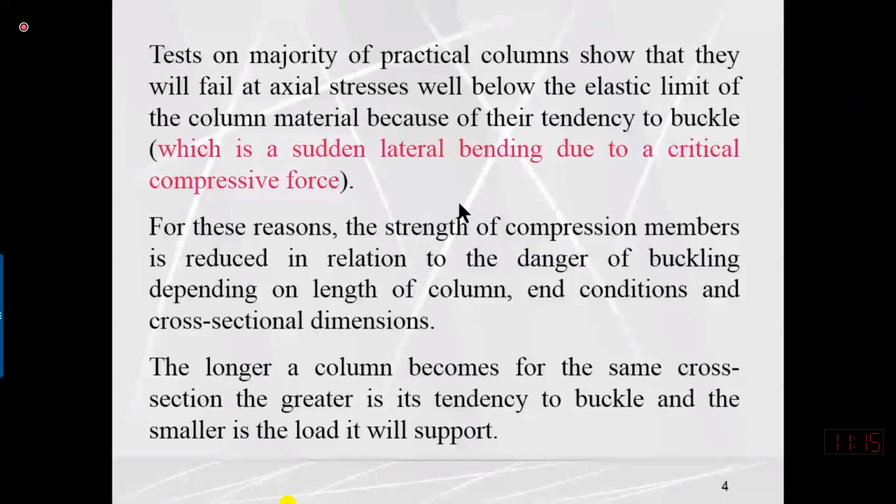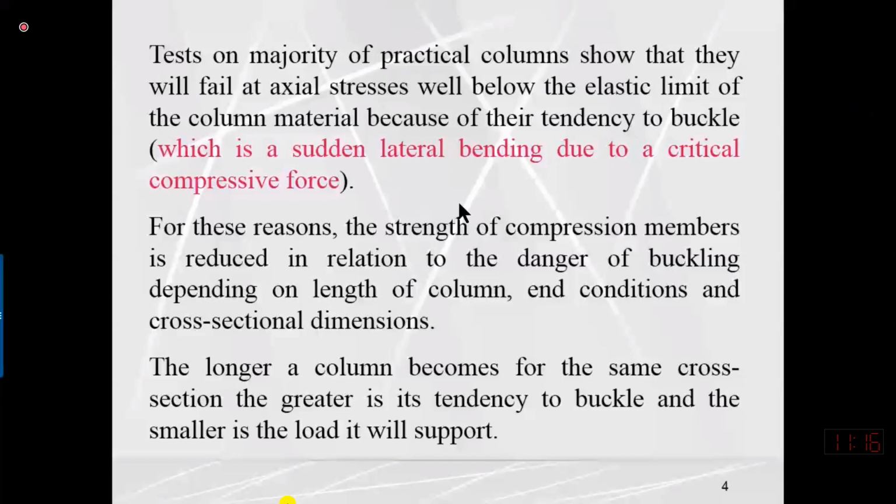So here I would like to give another example. For example, we have two columns, both having the same area or same cross-section. One member is 1 meter long and the other member is 2 meter long. If both are subjected to compressive force, the member which is longer will fail at a lesser load value as compared to the shorter column. Why?